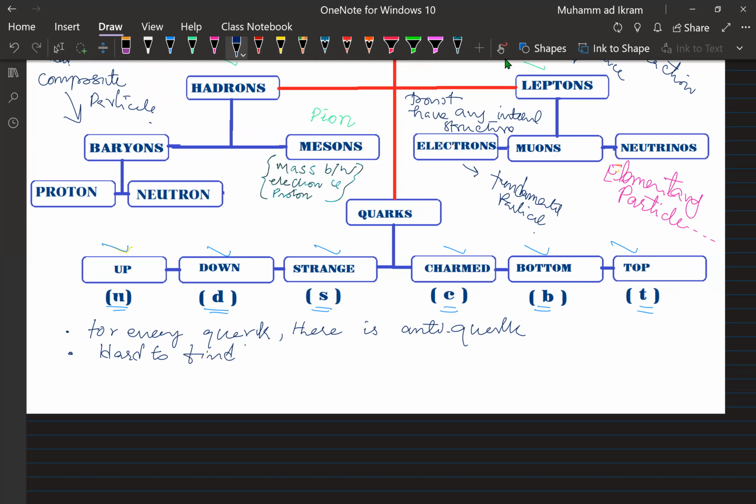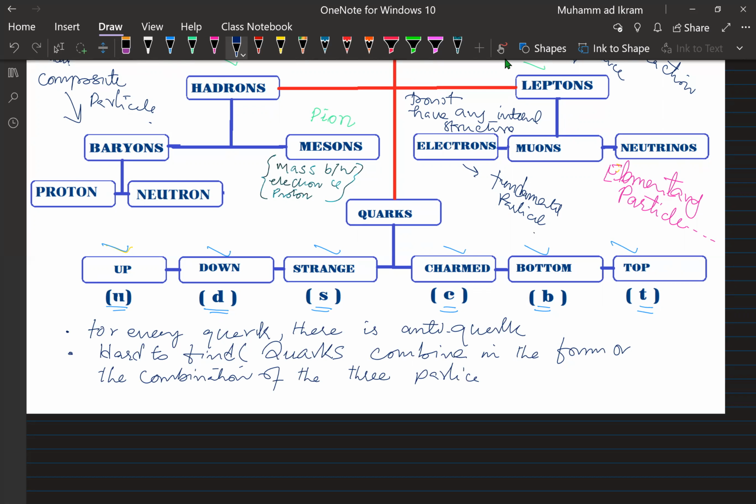Why? Because the problem is that quarks usually combine in the form of three particles.